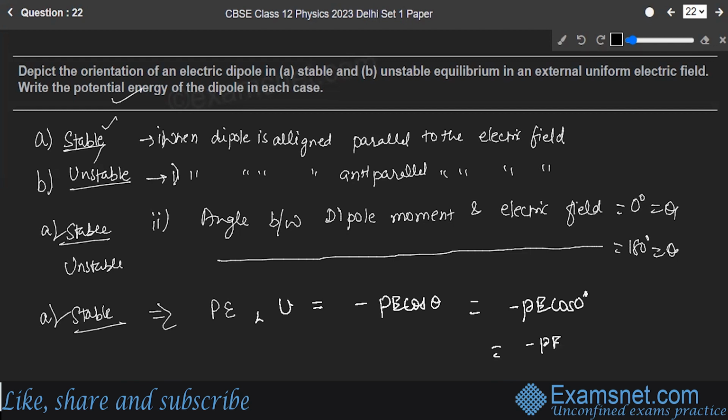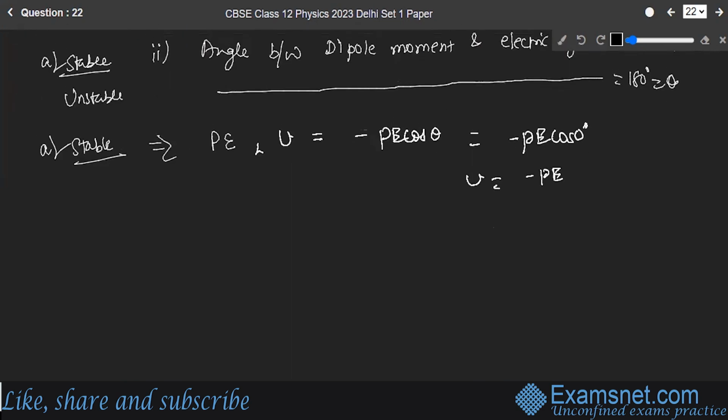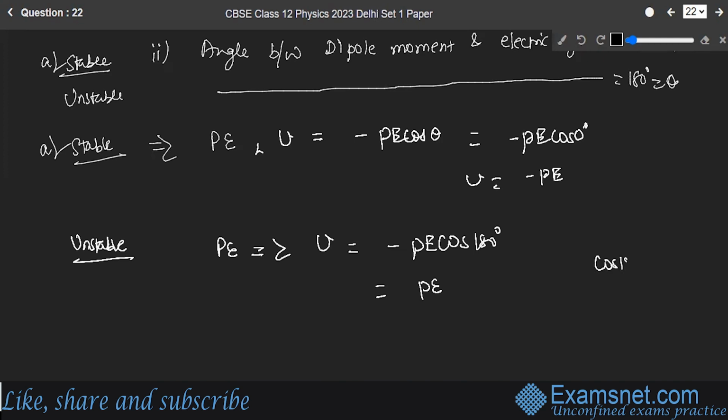So this is equal to minus PE, U in the case of stable. And the potential energy in the case of unstable is given as U is equal to minus PE cos 180 degree. Cos 180 degree is equal to minus 1. So this will be equal to PE. Hope you are clear with this. Then let's move to the next question.